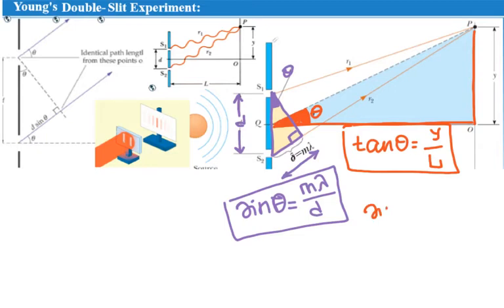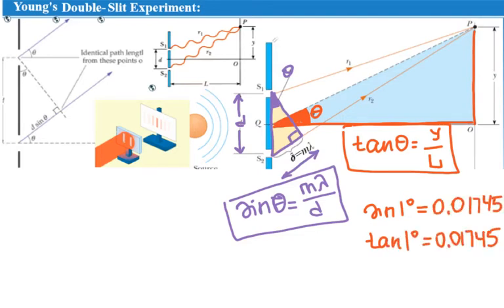So if you say sine of 1 degree is equal to, and tangent of 1 degree is equal to, this is what I get. So for the very, very small angles, your sine is equal to tangent.